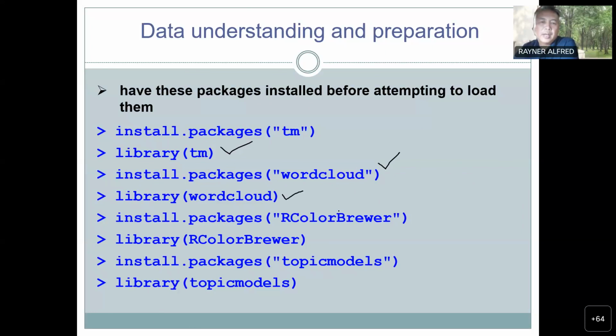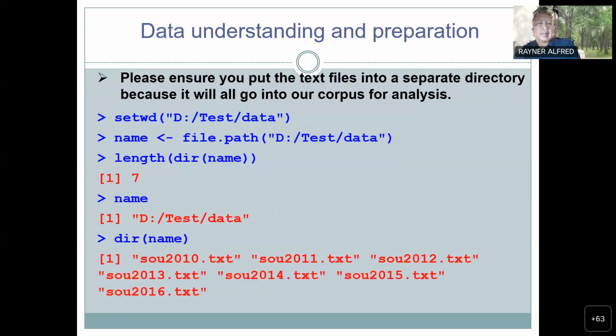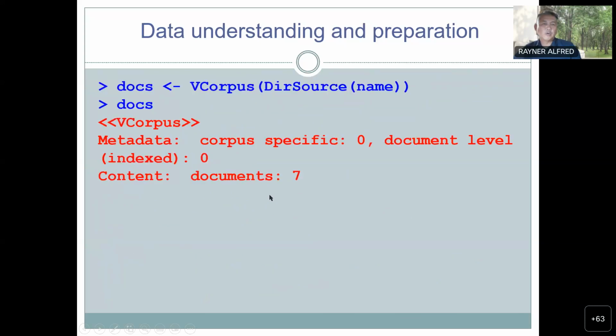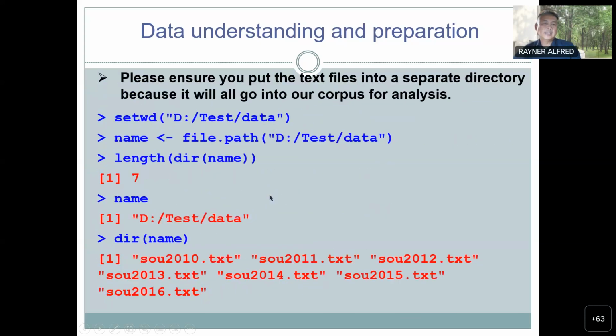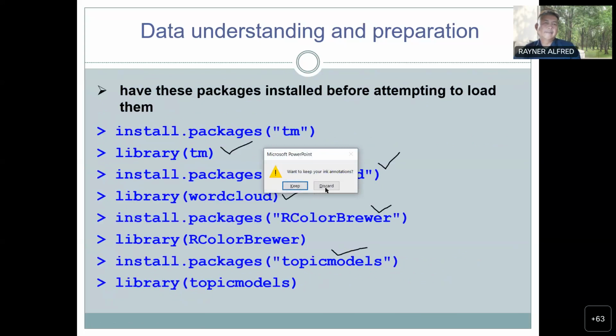Then we have the RColorBrewer, which is used in visualizing diagrams. And we have topicmodels, which is where we get the LDA. Now let me bring you to the R software so that you can see it live.